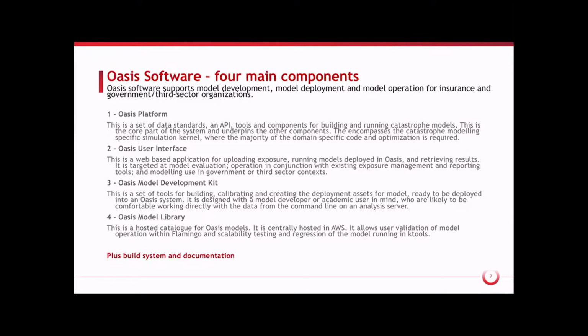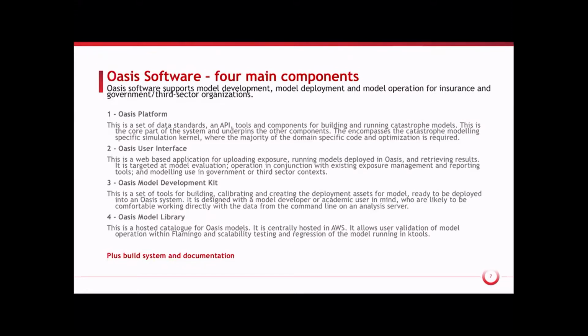It's very useful to have that simple way of getting up and running with the platform, or, and this is where a lot of the development work has come from, outside of the core insurance, reinsurance use cases, looking towards use in the developing world, like governments or other organizations, having a simple web-based front end that allows you to operate the platform makes it much easier for those organizations to get going with catastrophe modeling.